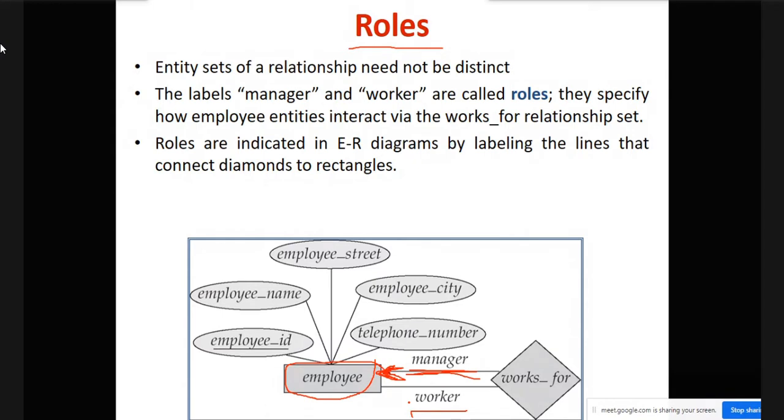In a bank or any organization, for one cell you can say only one manager exists. So one manager works as an employee, and here you can see many workers working as an employee. So both are employees, but as per their role we got the cardinality as well as their specification, role names.